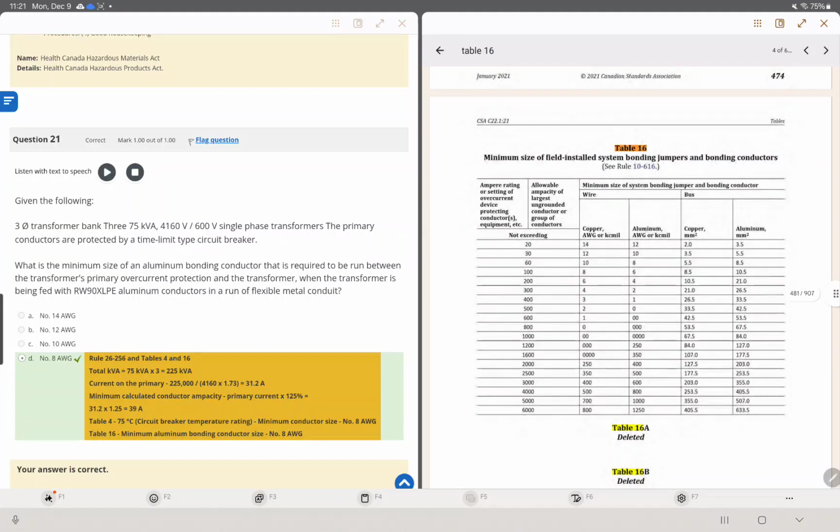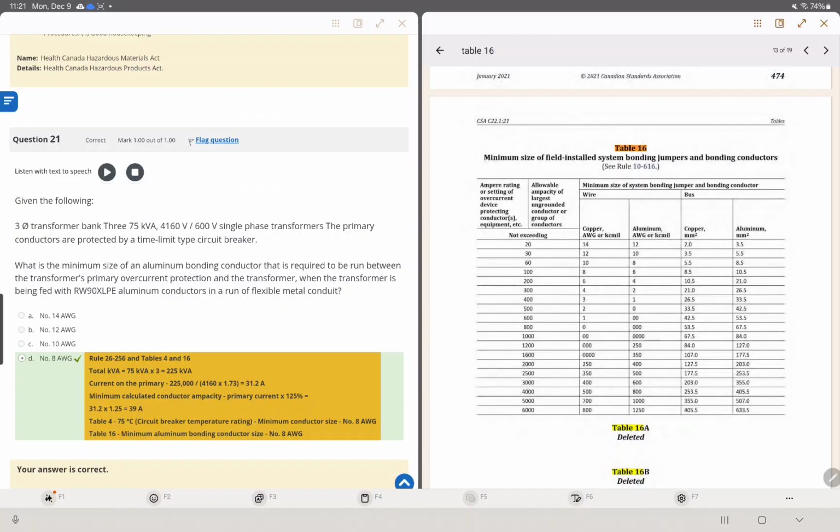And we're looking at aluminum bonding conductor for 40 amps. And we see over here not exceeding 60. So we don't have anything for 40, but we have 60. So we look over and it says aluminum. It's number 8. So are we sure that they want aluminum?